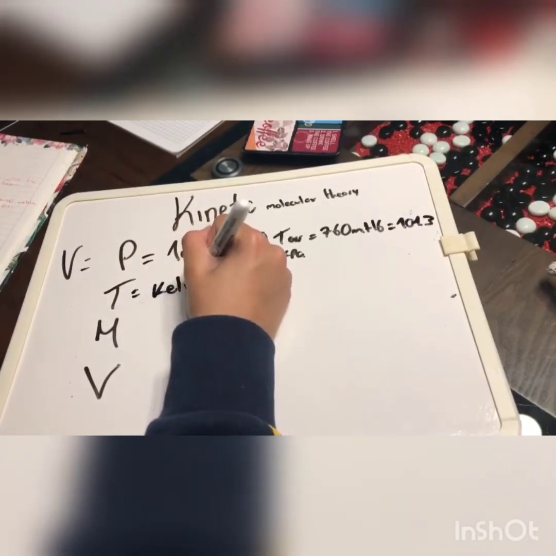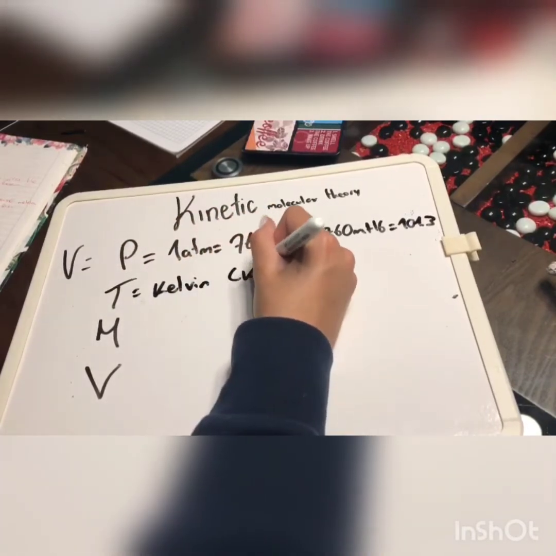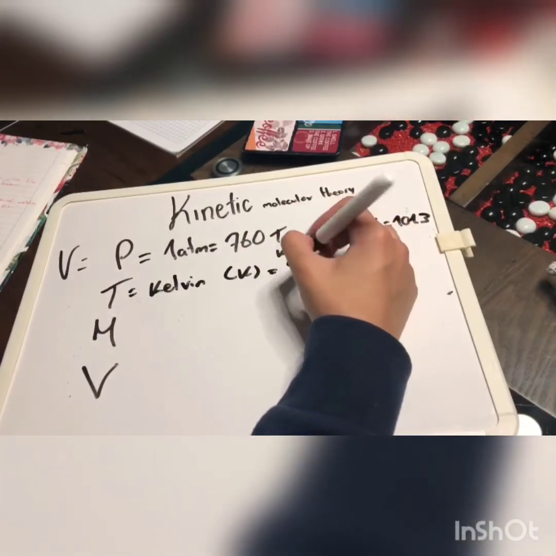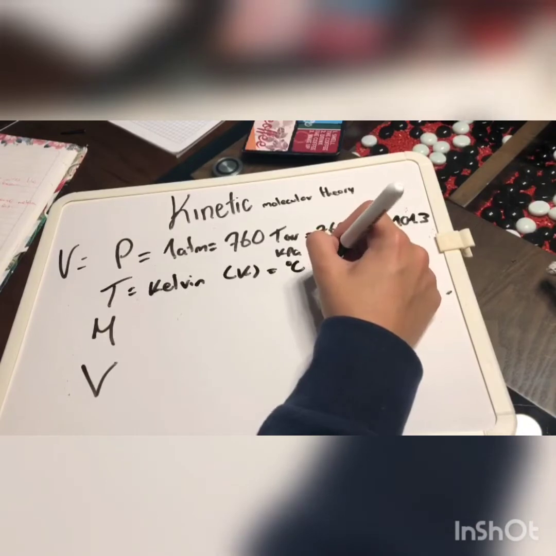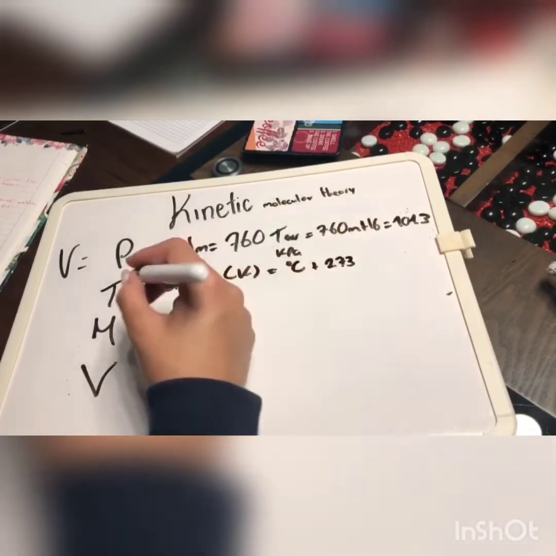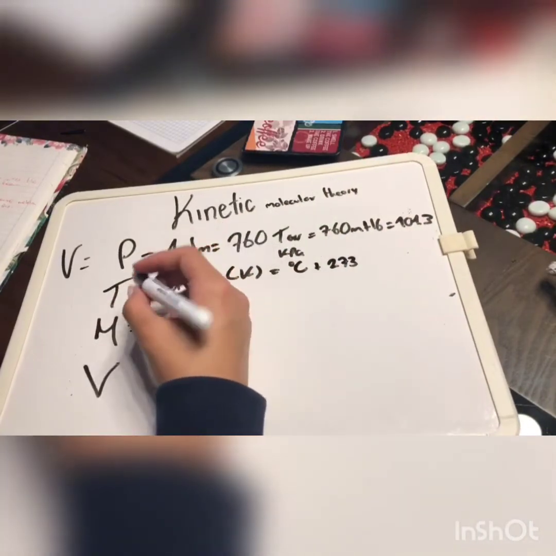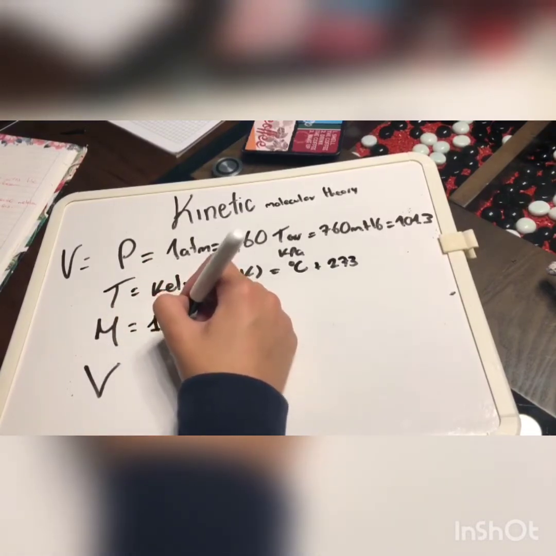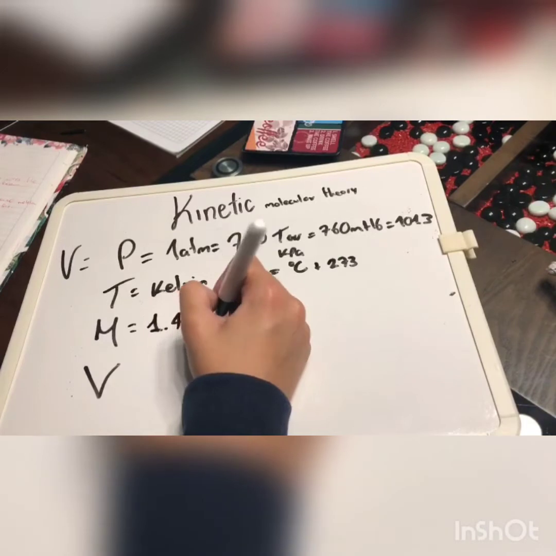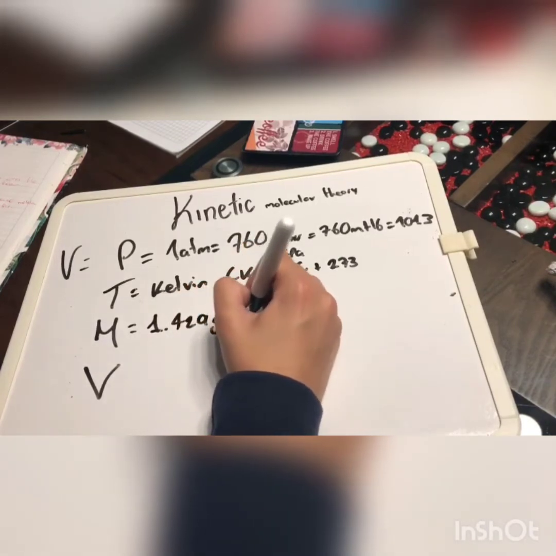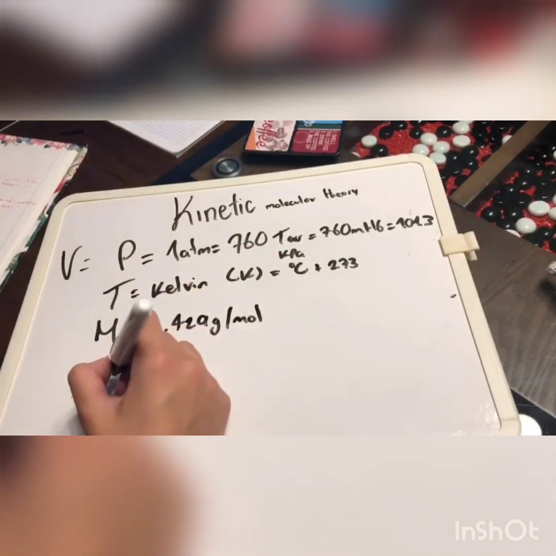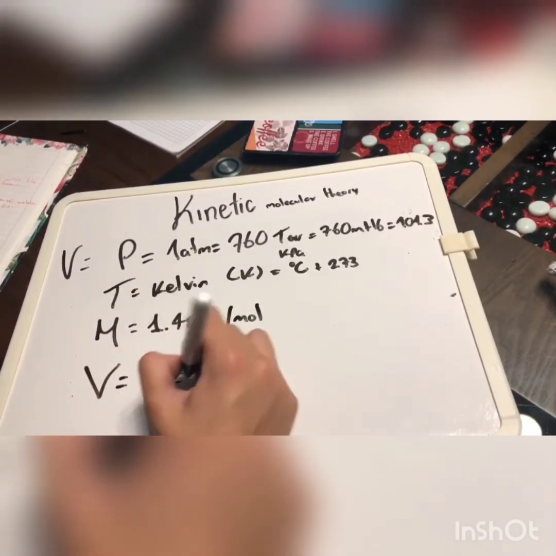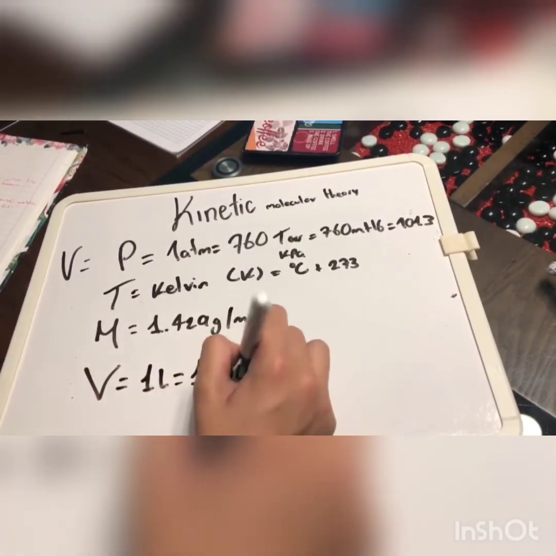It is in kelvins, represented by the K, that is equal to degrees Celsius plus 273. The molecular mass, it's 1.429 per mole, and the volume, it's equal to 1 liter equals 1000 milliliters.